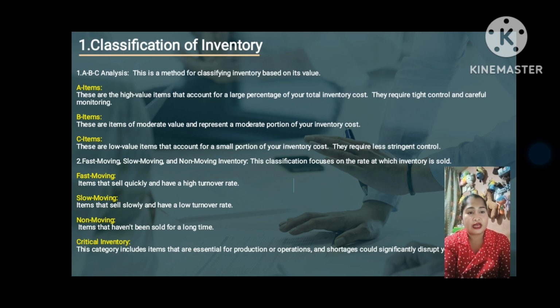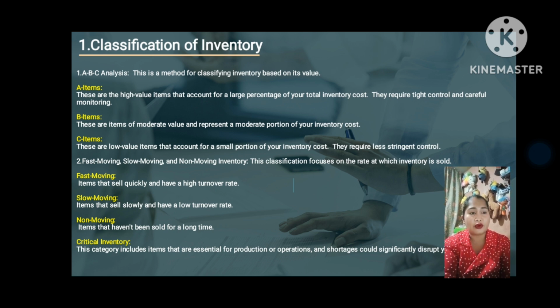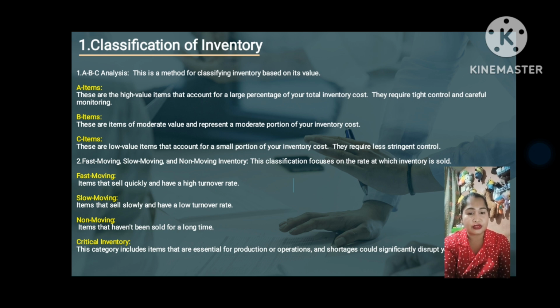So for the A items, for example the high value items that account for a large percentage of total inventory, these are what we call highly used materials. For example here, the ingredients, especially the raw materials used in the company.